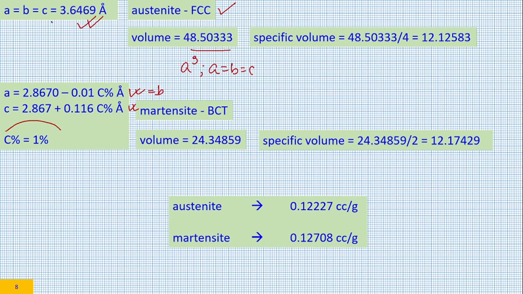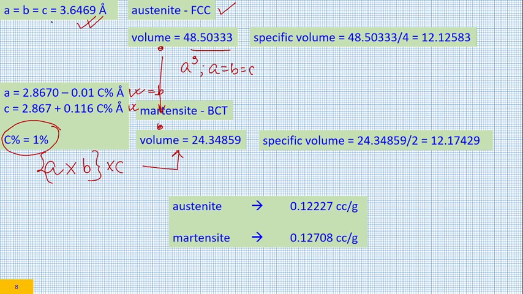Let us assume carbon percentage is 1. Then you can calculate A, you can calculate B, that would be the base area, into C will give you this particular volume. So as you can see, austenite to martensite transformation gives rise to reduction in volume.